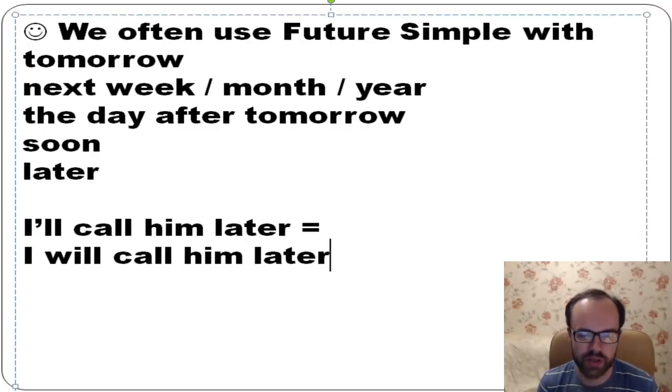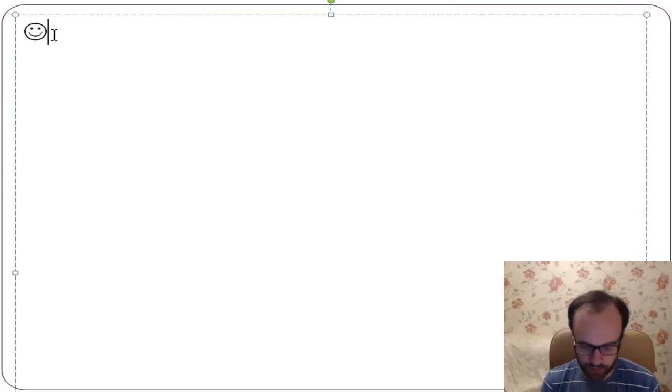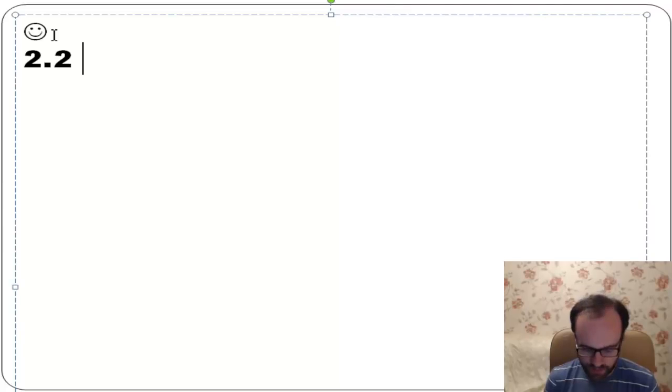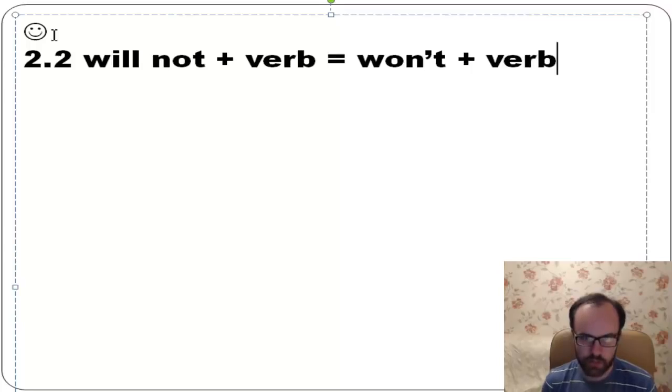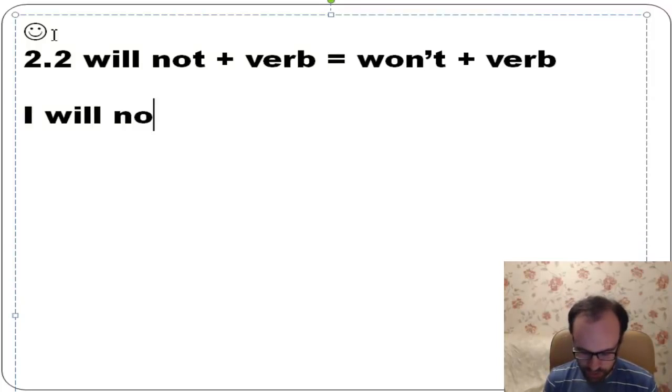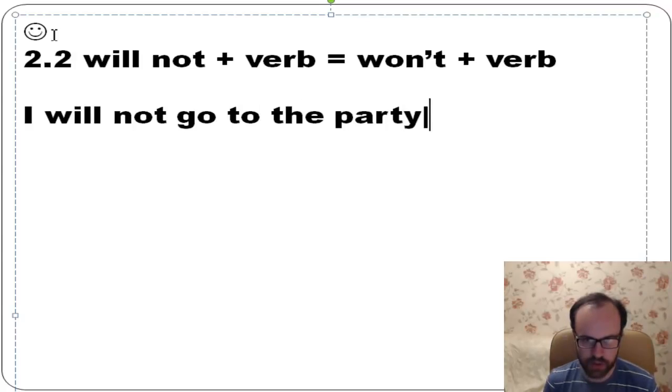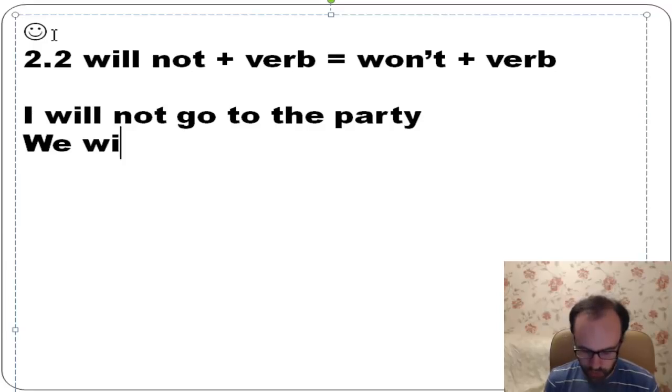Okay, so how to form a negative form? It's very easy. Will not plus verb, or won't plus verb. So you see, I will not go to the party. We will not agree.